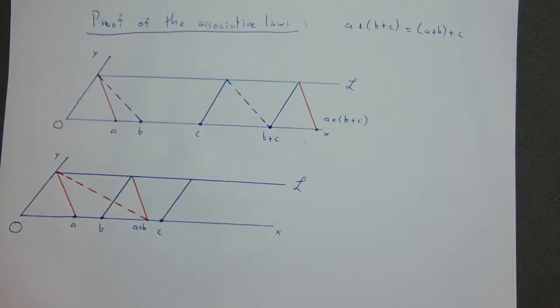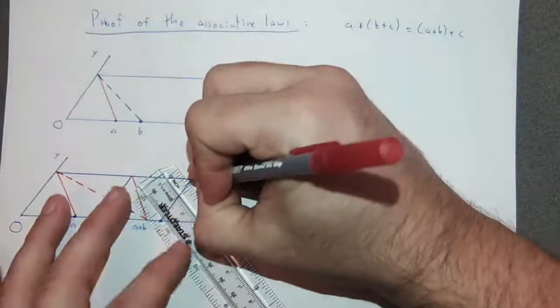Okay. And once I've done that, now I need to draw in a dashed red line that's parallel to this one from this intersection point from C to L, and I'm done. And that would construct A plus B plus C. So let's draw this in.